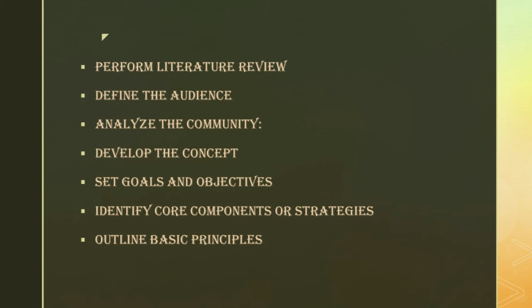The third step is analyzing the community. A community analysis helps identify its driving and restraining forces. Your action plan should build on the driving forces and diminish the restraining forces to strengthen a community's prevention effort.